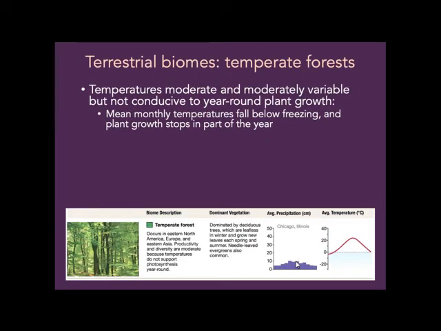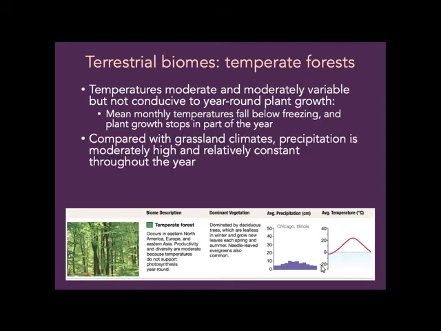All right, next we have temperate forests, and so you can see that the average temperatures are not that different from the prairies. However, you can see that you have more water, right? And so the temperatures are moderate and moderately variable. You can't grow year-round, so there is part of the year in which plants just stop growing.